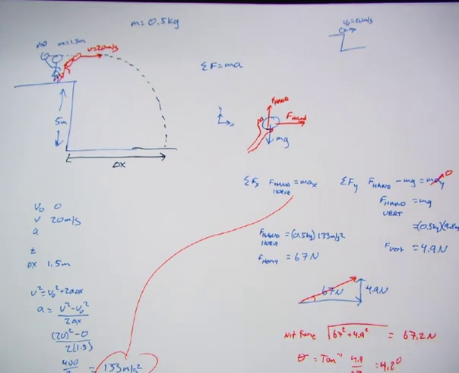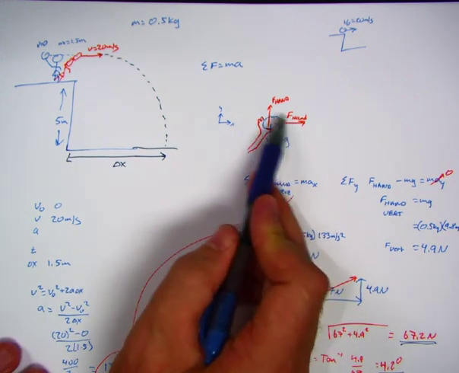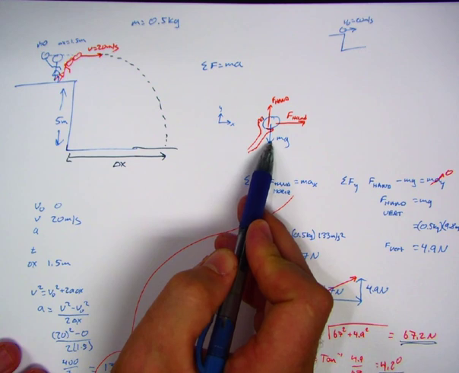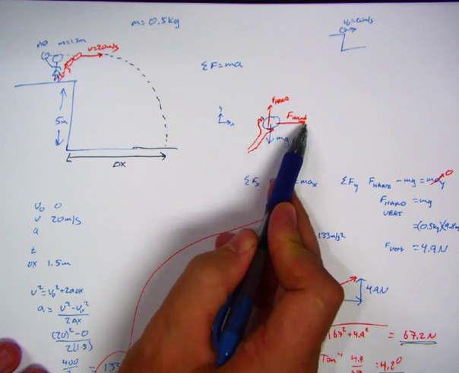Okay, so we've now figured out the net force, right? 67.2 newtons, 4.2 degrees above the horizontal, that combines so that I can actually balance gravity and still accelerate forward with a single force.